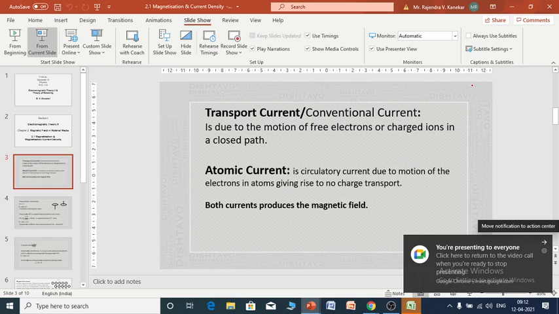So now let us say that this is a material. It produces some magnetic field because of this magnetization at a certain distance.